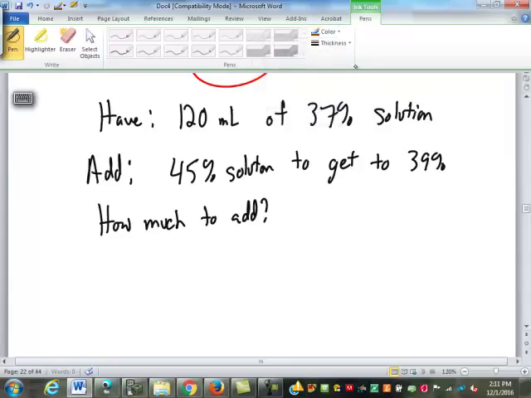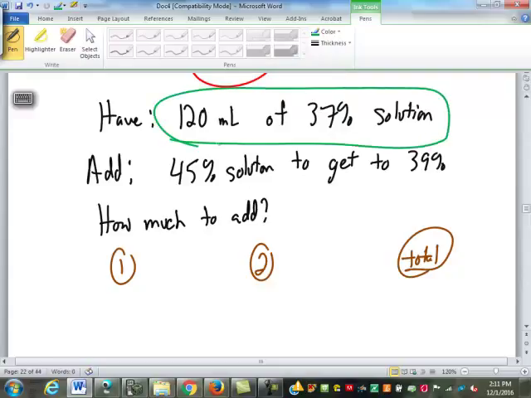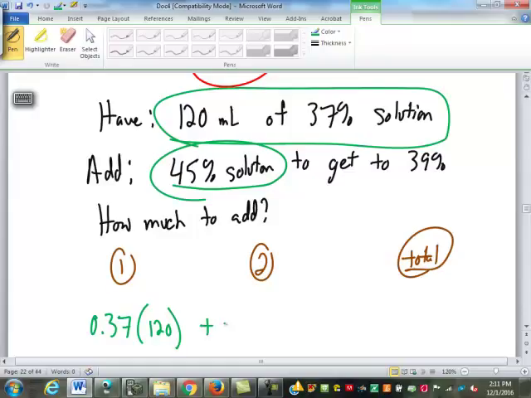Well, again, we are mixing two ingredients, 1, 2, and we're getting a total. My first ingredient here is the 37%. So it's 0.37 times 120. What's my second ingredient? 45%, right? So we're going to add 0.45 times, how much of that do we need?